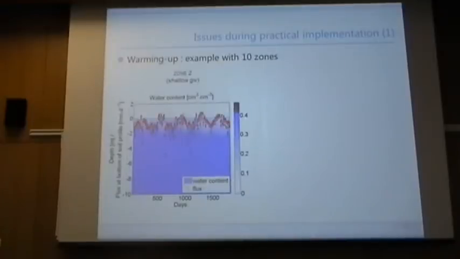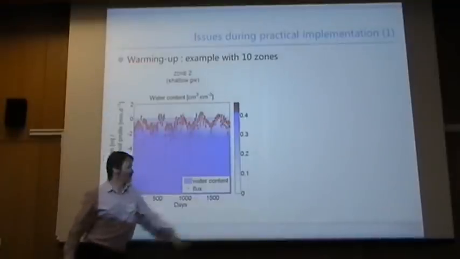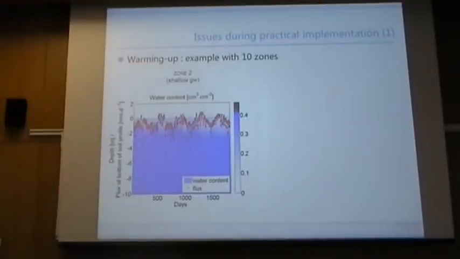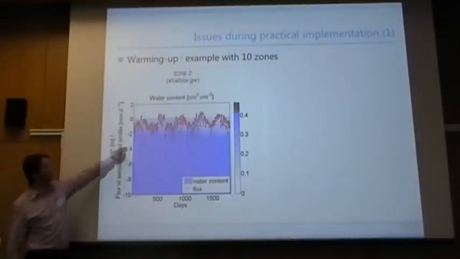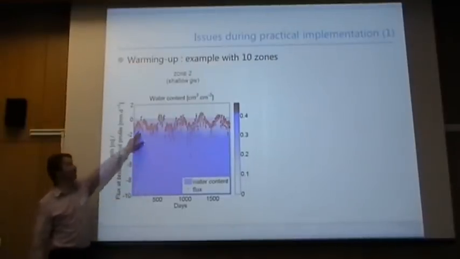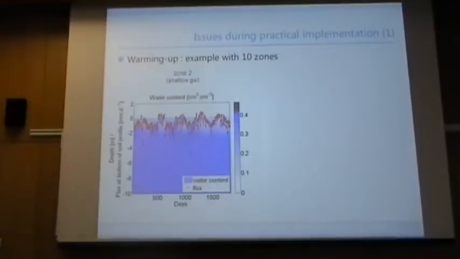This is another example, the simulation with 10 different zones. Here we have a simulation up to 2000 days more or less. The color scale gives you the water content as a function of depth, and the red dots are the water fluxes to the groundwater, the recharge and discharge. If it's positive, it's up to the unsaturated zone, and if it's negative, it's down to the water.